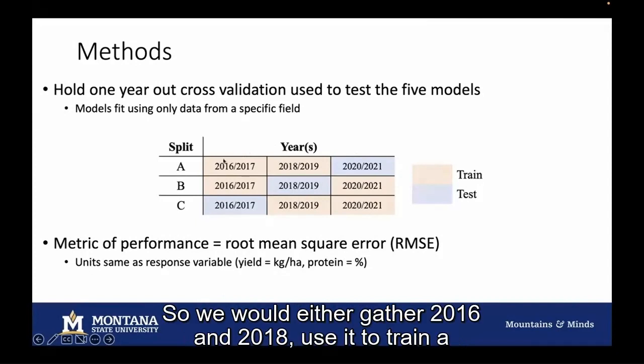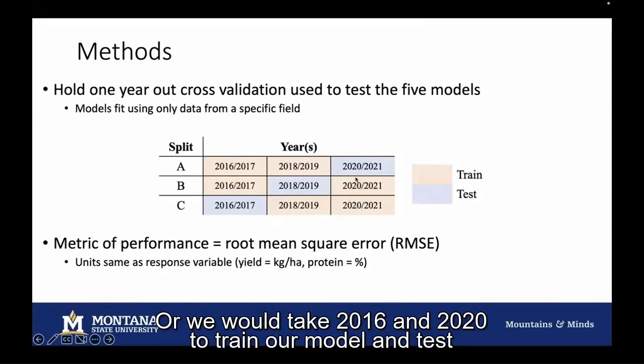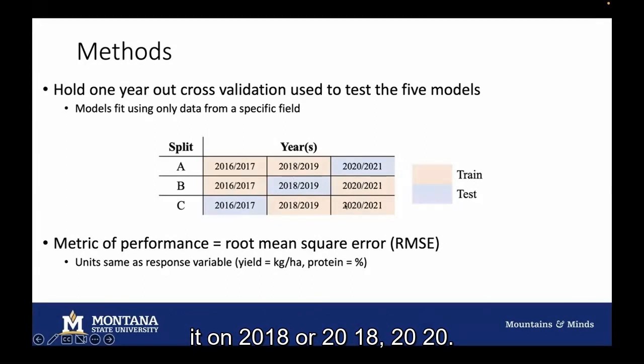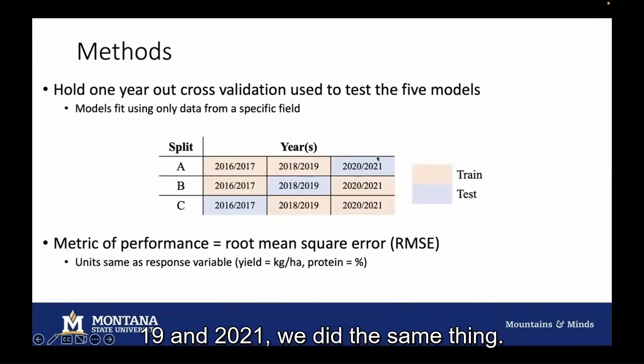So we would either take 2016 and 2018, use it to train a model and test it on 2020, or we would take 2016 and 2020 to train our model and test it on 2018, or 2018 and 2020, test it on 2016. And then, of course, for the shifted rotation of 2017, 2019, and 2021, we did the same thing.